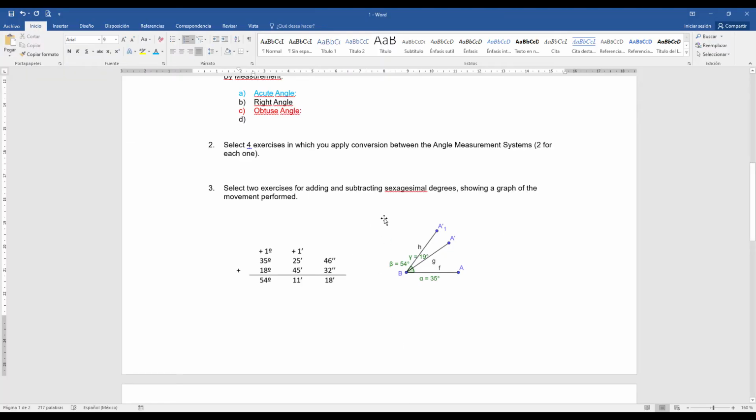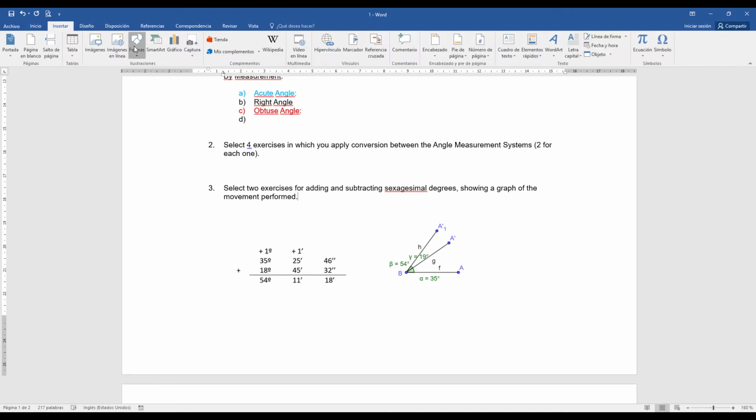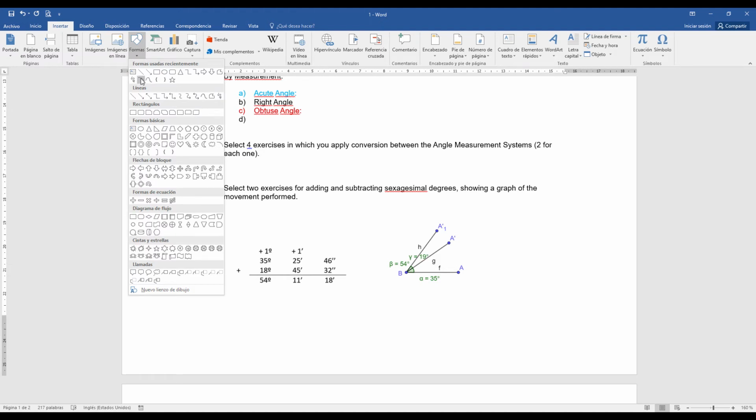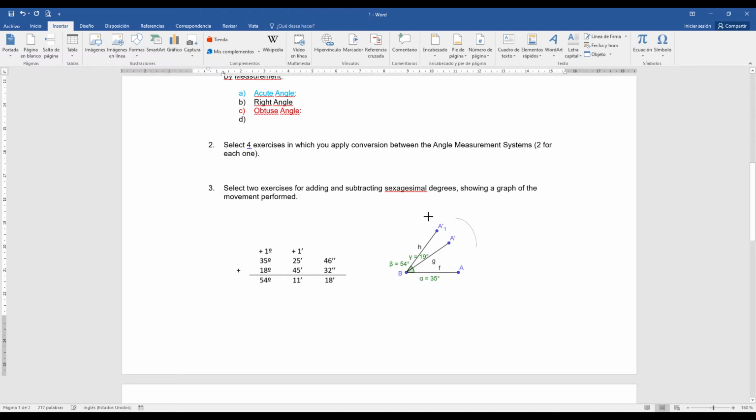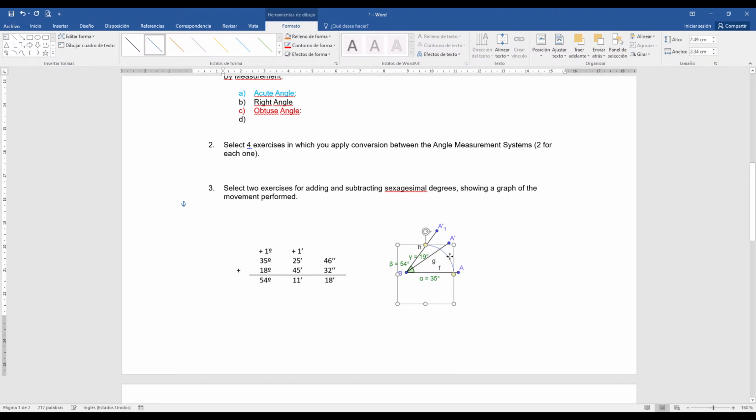To understand what an adding is and what a subtracting is, you need to use a shape here, an arch. For example, here I will use that.